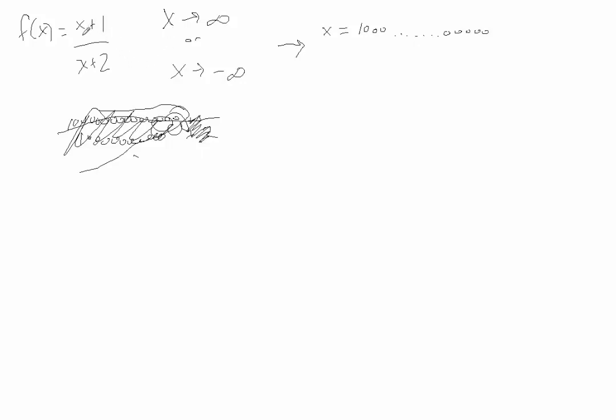Well, I've got this huge number plus 1, a huge number plus 2. The 1 and the 2 are relatively meaningless. It's a little bit of fluff. Really what's happening is the ratio of these leading terms, x over x. So a million, a billion, a trillion, the ratio of 1,000,000,001 over 1,000,000,002 is about as close as you're going to get to 1.